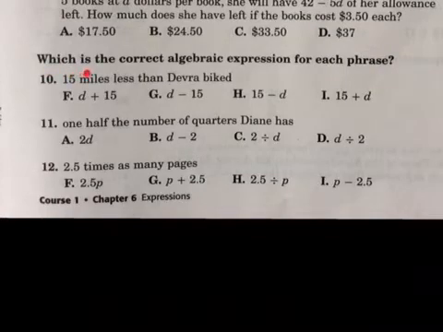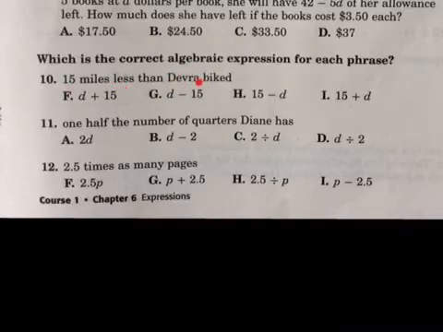Let's see here. Which is the correct algebraic expression for each phrase? Okay, now we're actually taking the phrase and writing an algebraic expression. Remember, when we write an algebraic expression, we're not necessarily looking for the answer. We just want to write the expression. 15. So let's read it. 15 miles less than Deborah. So Deborah is the amount, and it's 15 less.